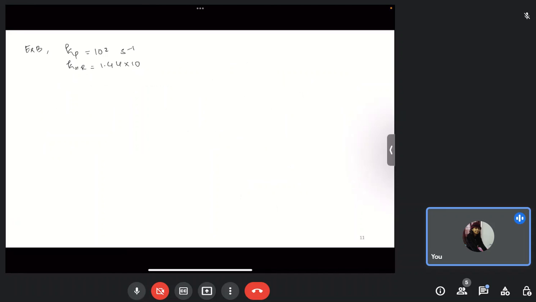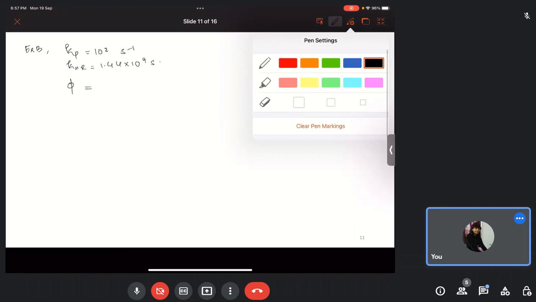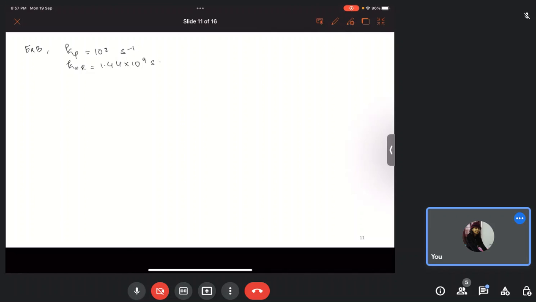1.44 into 10 to the power 9 seconds. So your quantum yield Q is equal to Kp divided by Kp plus KNR. So this is equal to 10 square divided by 1.44 into 10 to the power 9 plus 10 square. So we can say that this is approximately equal to 10 square over 1.44 into 10 to the power 9.